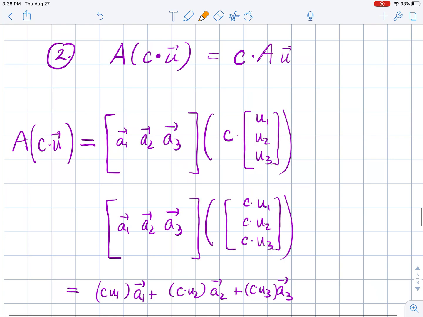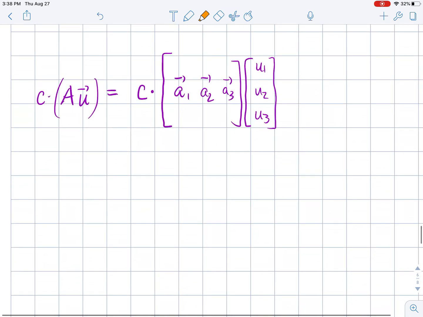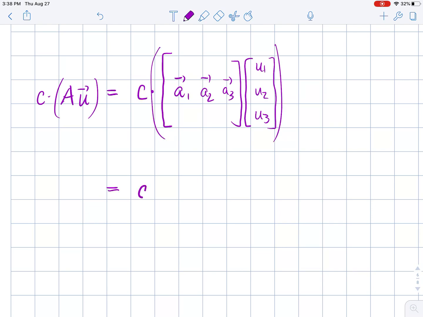And now let's do it the other side. We wanted to show that that was the same as first computing the matrix product and then multiplying by C. So we wanted to show that the matrix product times C should give us the same answer. I've written that out here, C times this matrix product. And if I work it through, I just get C times this big sum.